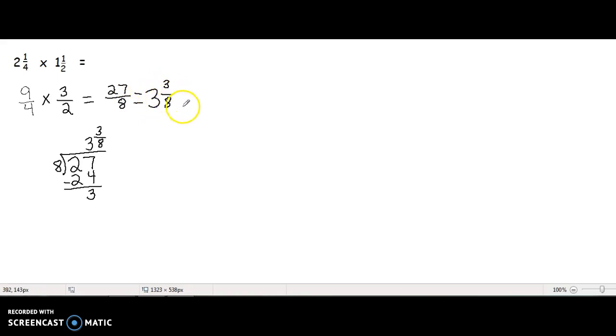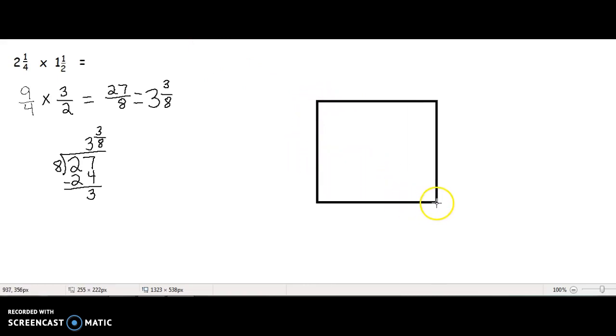But we also have another way to show you how to multiply mixed numbers, and that is using an area model. Okay, so I'm going to show you how to use the area model. We're going to set it up where we show the area model for 1 1/2 over here, 2 1/4 on the side over here, and I'll show you exactly how we're going to divide that up.